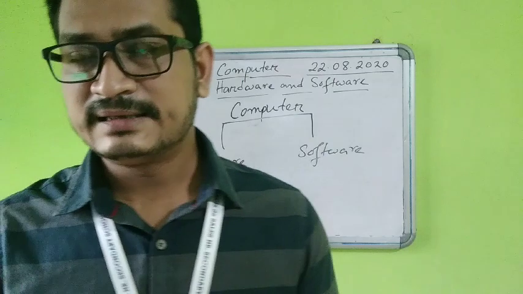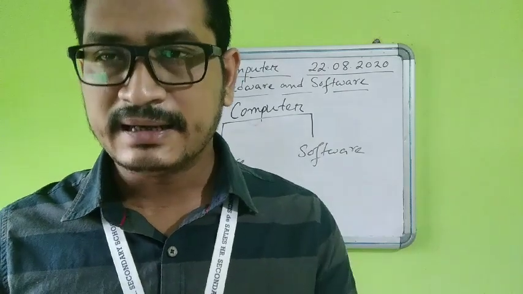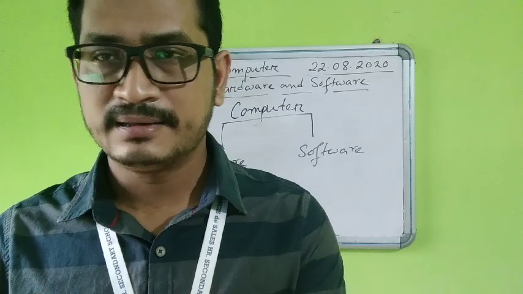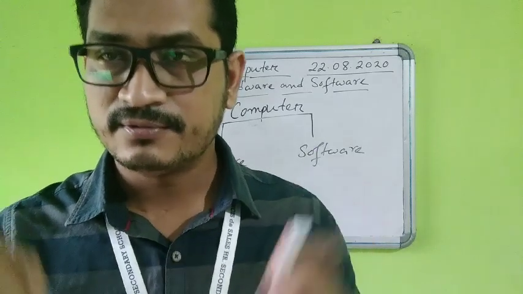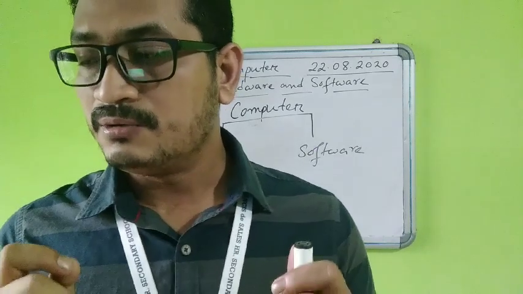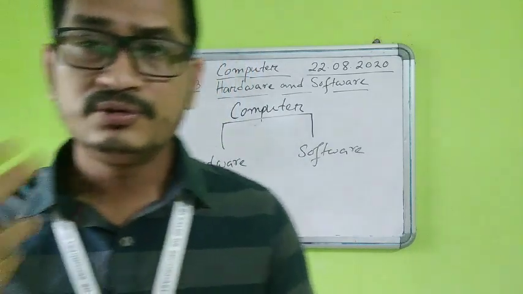Now CPU, if you see how the things are connected with the CPU. What are the things connected with the CPU? You can connect the keyboard, you can connect the mouse, isn't it? Then you can connect the printer also to the CPU, then the speakers, then the headphones. So these are called the peripheral devices. This can be connected through wire or wirelessly. Nowadays, students, Bluetooth devices are coming.